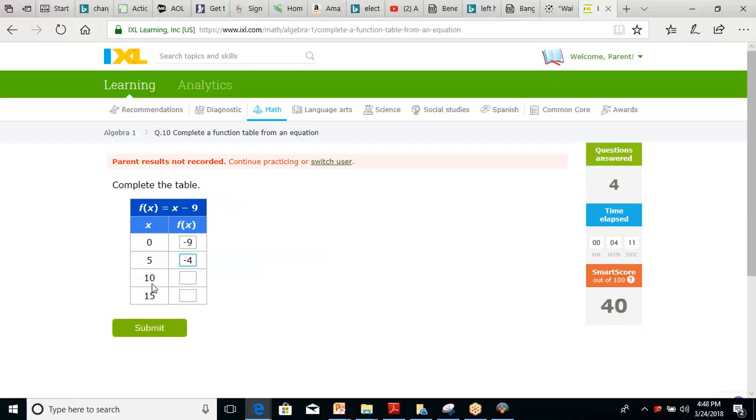Then if x is 10, 10 minus 9 is 1. If x is 15, 15 minus 9 is 6. And if you plot these points on the graph, you get the graph. So all you have to do is plot the points on the graph.